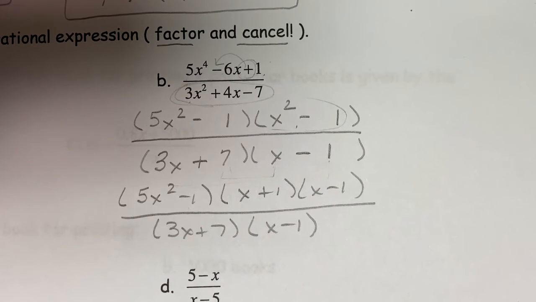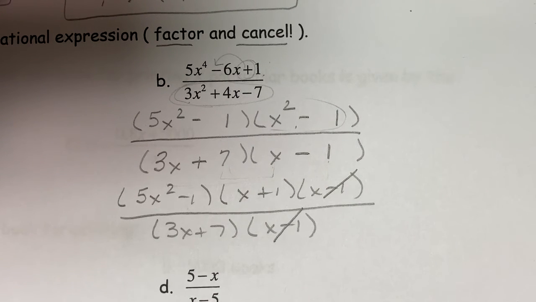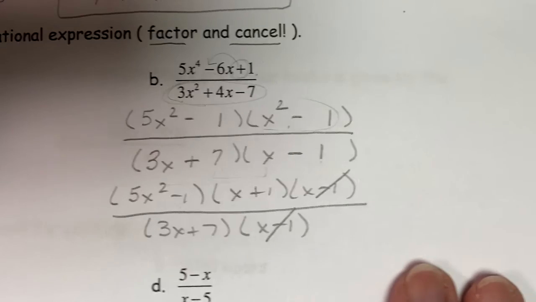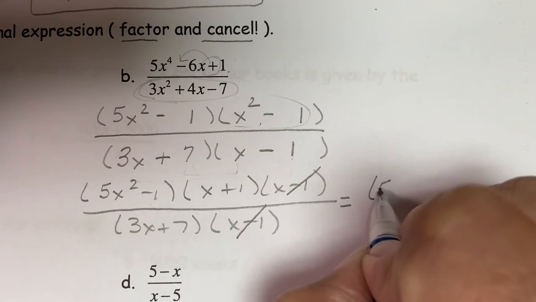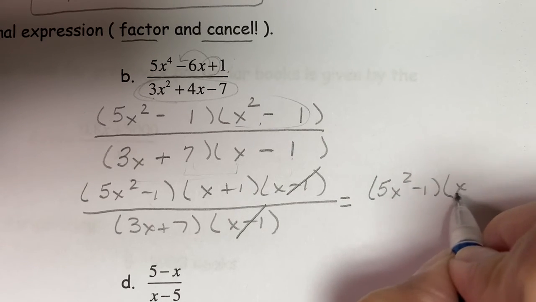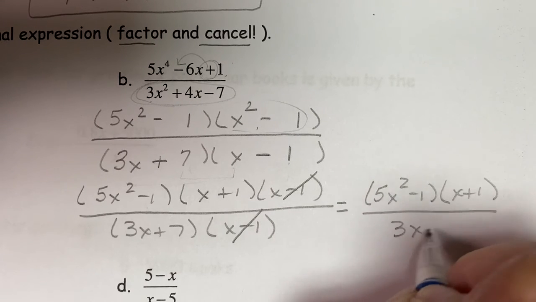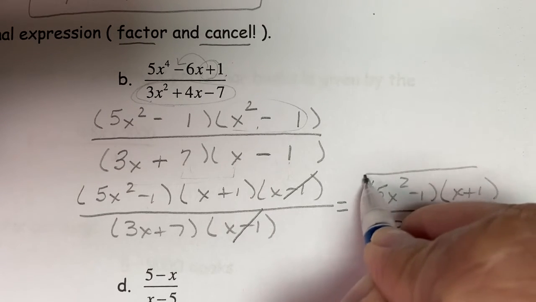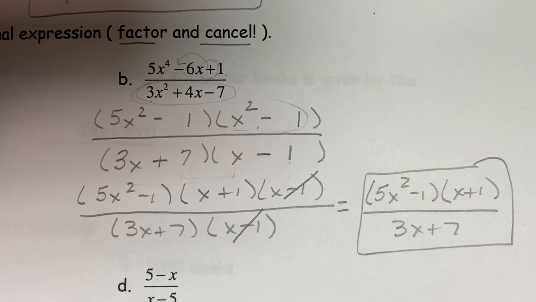So now I'm going to cancel any common factors. Well, you can see the x minus 1s are common. So if I were to now simplify, because there's nothing else, it would be 5x squared minus 1 times x plus 1 all over 3x plus 7. And I wouldn't make you multiply those out or FOIL out the numerator.